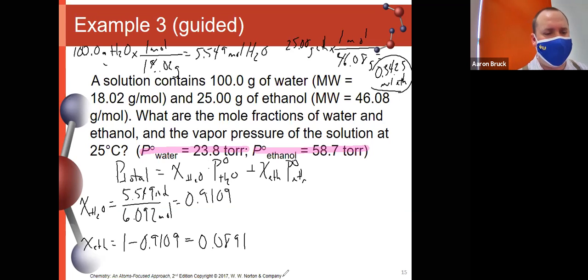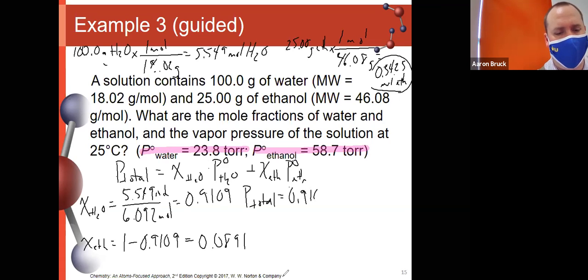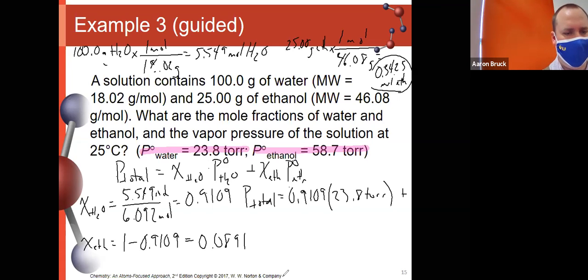So now I got to put all this together. My total pressure is equal to the mole fraction of water, 0.9109, times its vapor pressure, 23.8 torr, plus 0.0891, the mole fraction of ethanol, times its vapor pressure, 58.7.